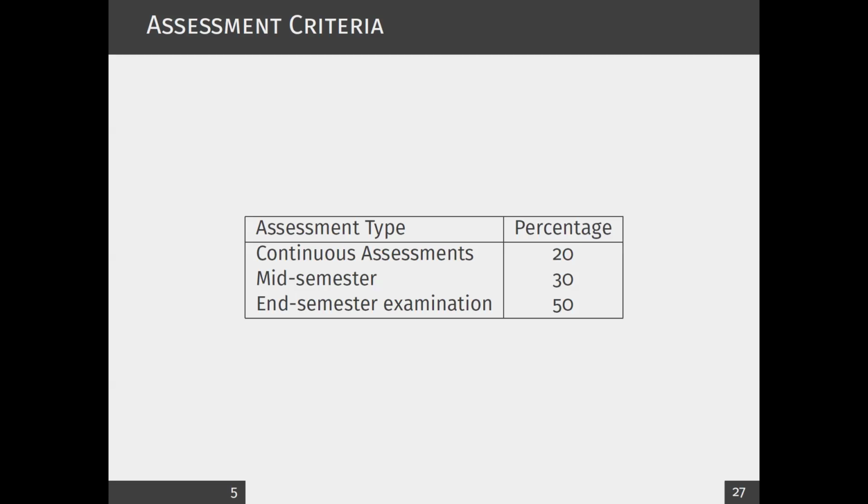So about 20% of the marks come from continuous assessment. Then we have two examinations, mid and end, which will cover the various topics we cover. The mid semester consists of about 30% of the total marks, and the end will carry around 50%.